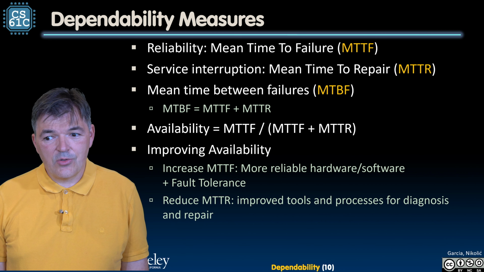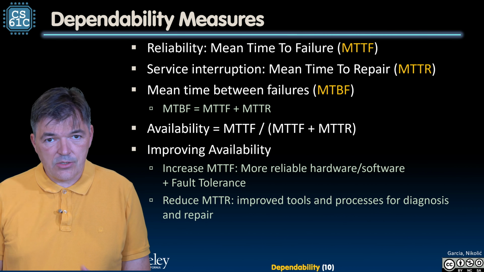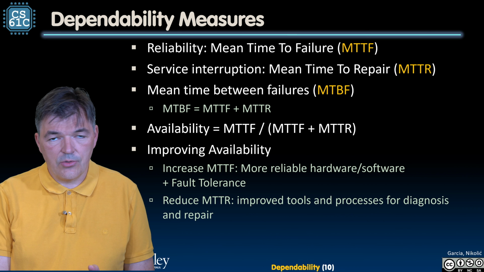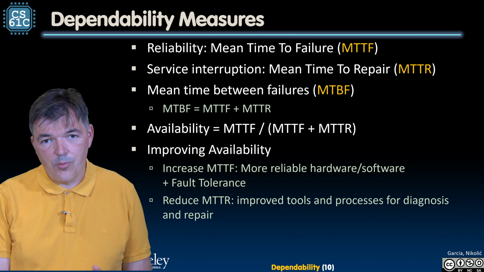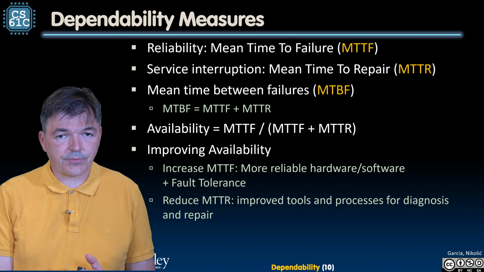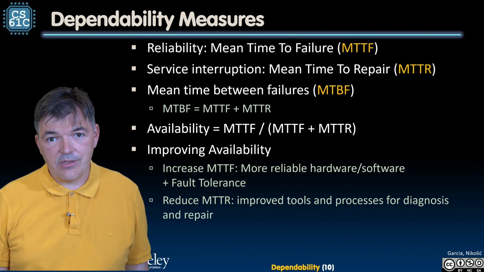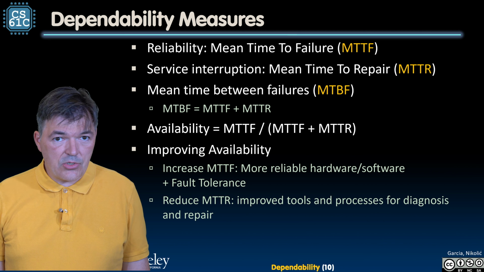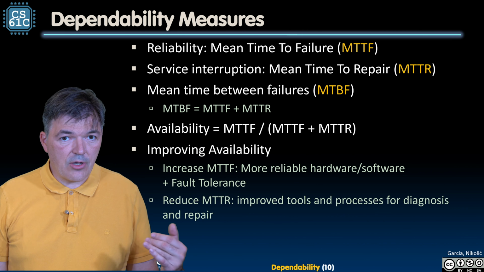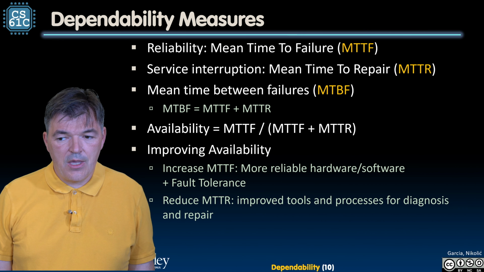What does it mean to increase mean time to failure? The components are going to stay up for a longer time. Usually we are going to use higher quality, more reliable hardware and software, and we are generally going to have some kind of redundancy there. In addition to that, we will be adding some kind of fault tolerance such that if a component fails, our system does not crash.